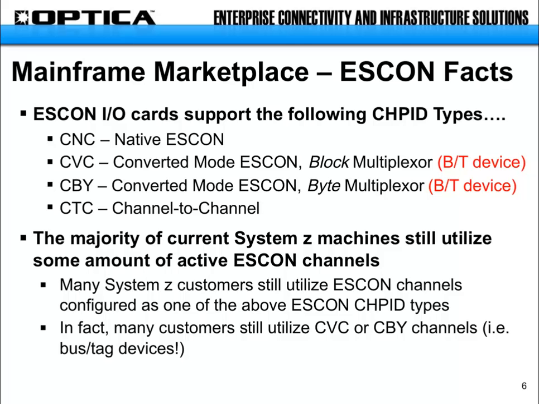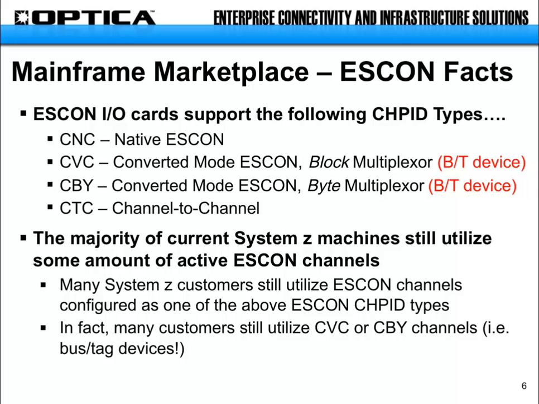And then finally, often overlooked is the CTC channel. Clearly, if you're running ESCON channel to channel today and you migrate to the newest System Z platform, most of the time you're going to be able to migrate those CTC applications to FICON CTC. Now, it might be interesting further to understand that the majority of System Z customers today still have at least one of these chiplet types genned on their mainframe.